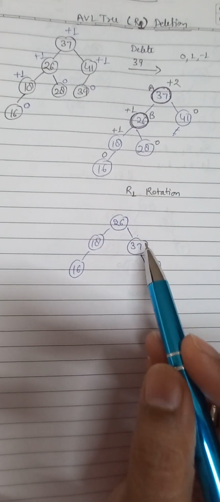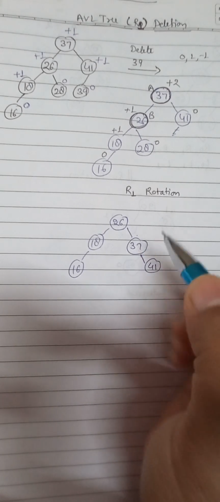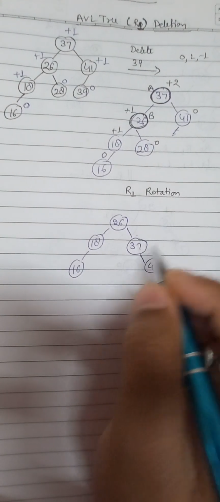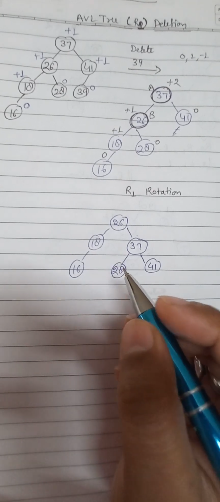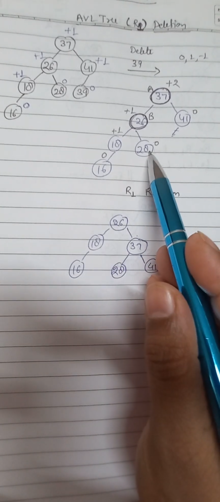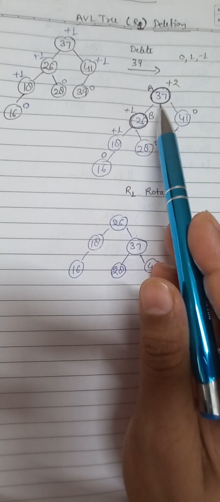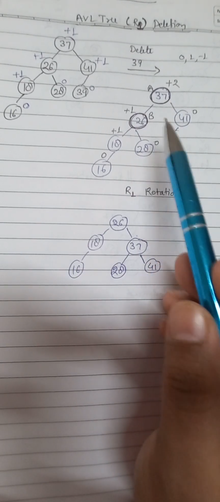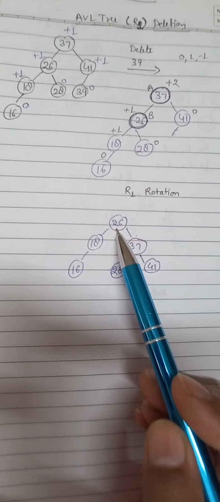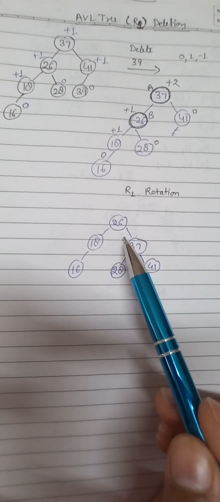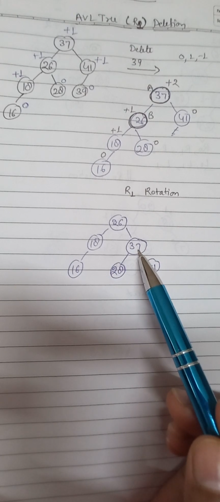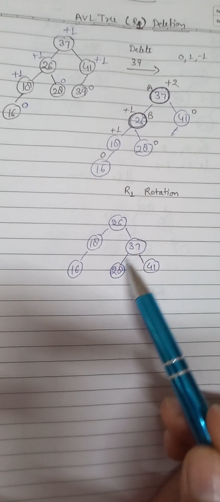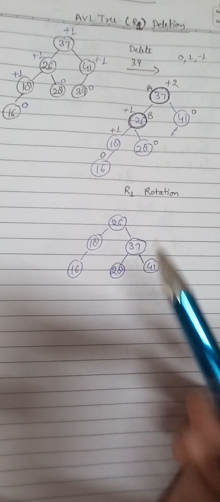So we are able to see 37 node is there and 28 is less than 37, so it will come on left hand side of 37. Again we will see here 28 was less than 37, so that's why it was on left hand side, but now root is 26, so it will come on right hand side because 28 is more than 26. And again we have root 37 and 37 is more than 28, so we can say that 28 will come left hand side of the 37.